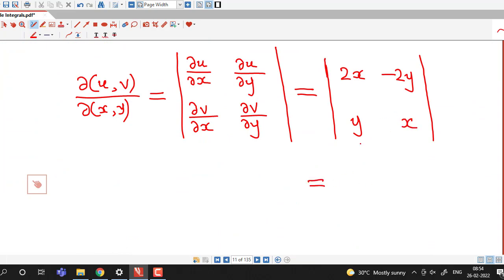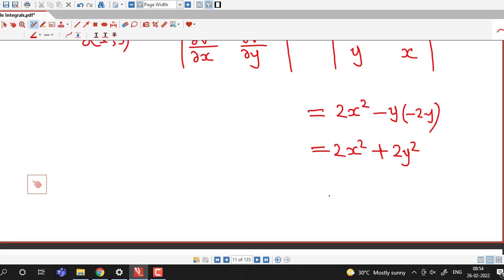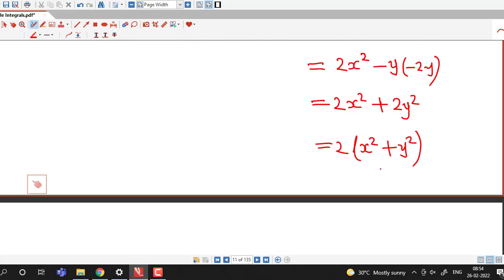And if we expand this determinant, we have 2x into x, that is 2x square, minus y into minus 2y. So negative negative will be positive, and we can take 2 common and write this as 2 times x square plus y square.